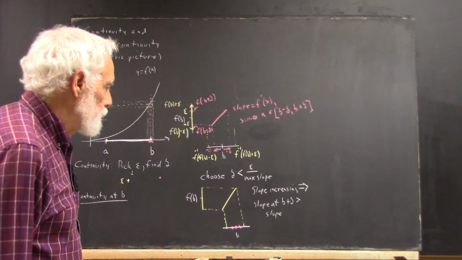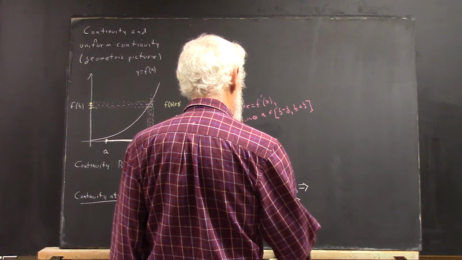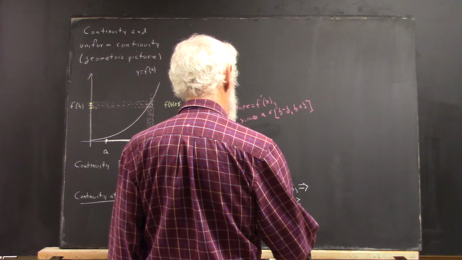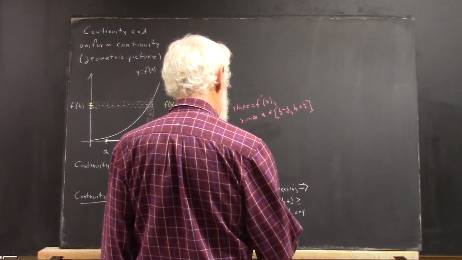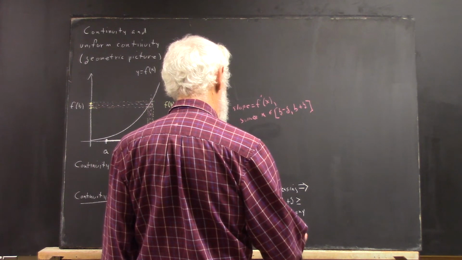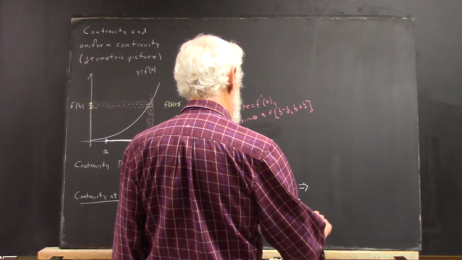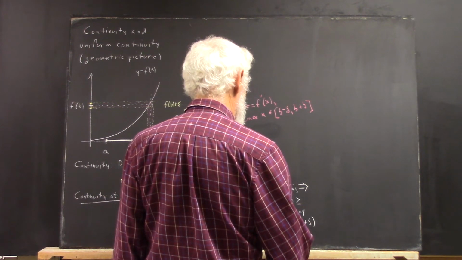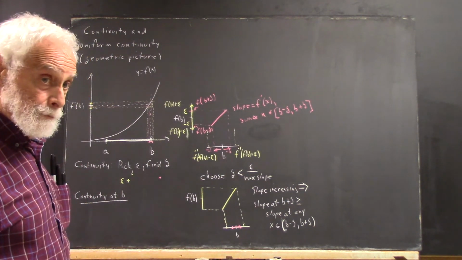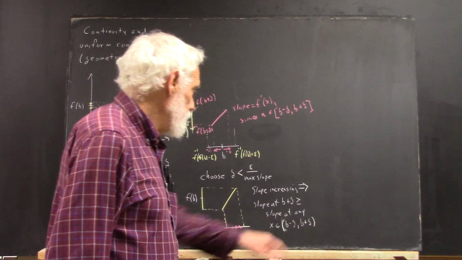Slope at b plus delta is greater than or equal to the slope at any x in the interval. I think I want an open interval here, b minus delta to b plus delta. Okay, because of course b plus delta is the maximum value of x within the interval.